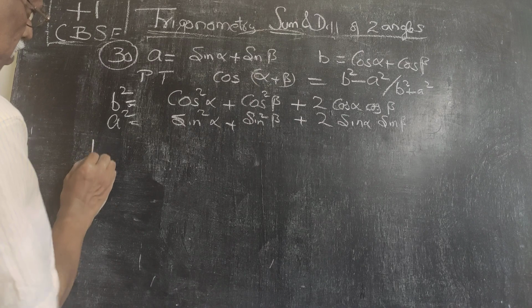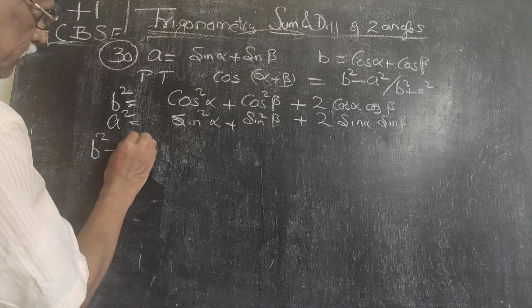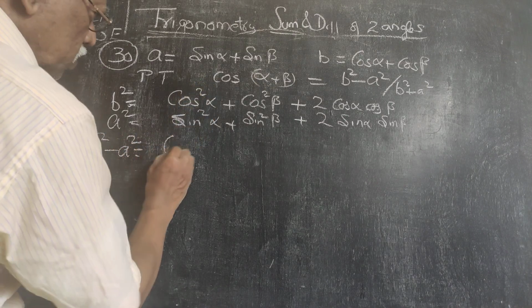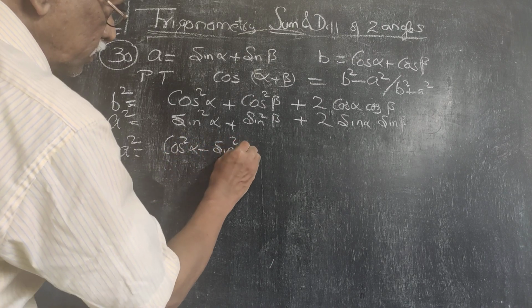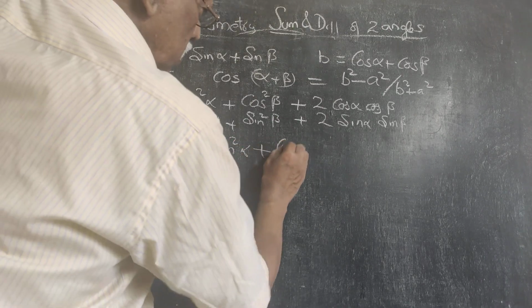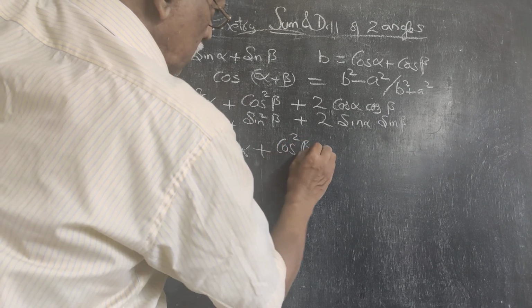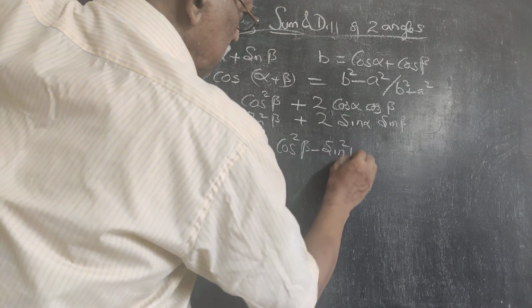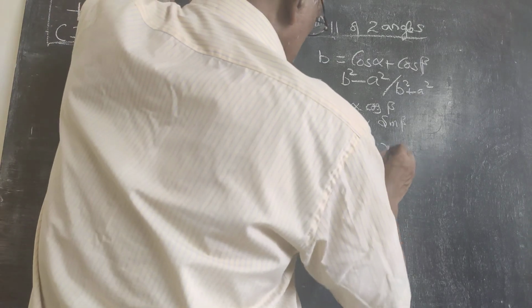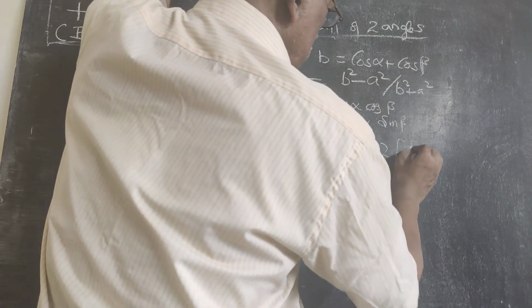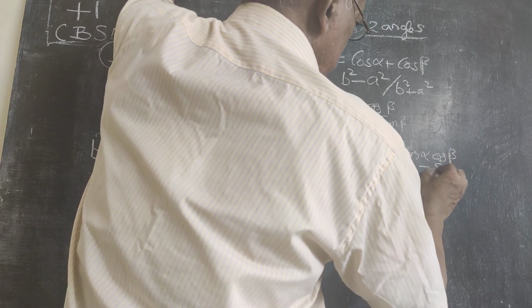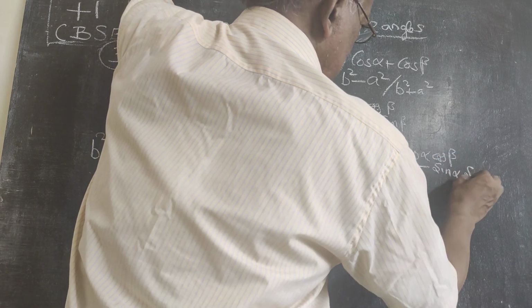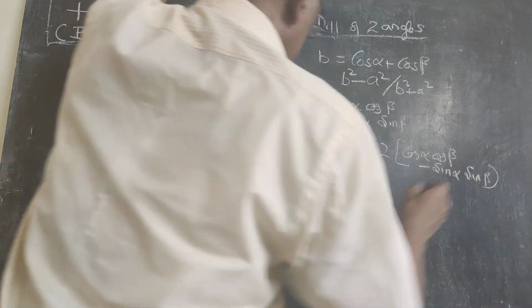When you are doing that b square minus a square, you have cos square alpha minus sin square alpha plus cos square beta minus sin square beta plus 2 times of subtracting. Therefore, this becomes cos alpha cos beta minus sin alpha sin beta.